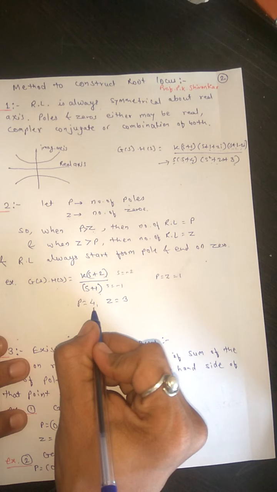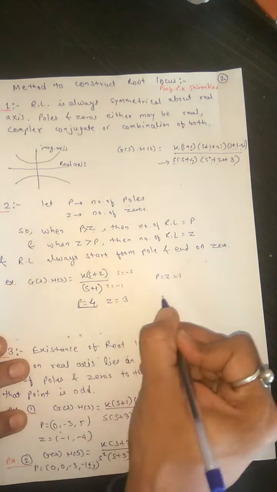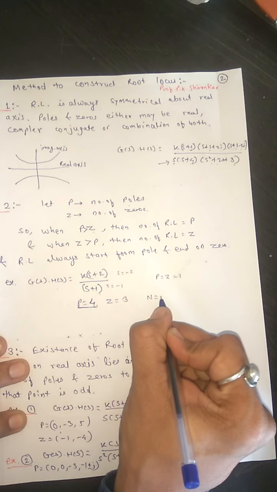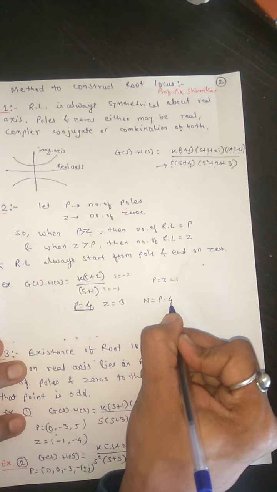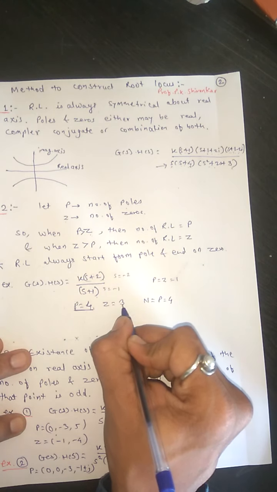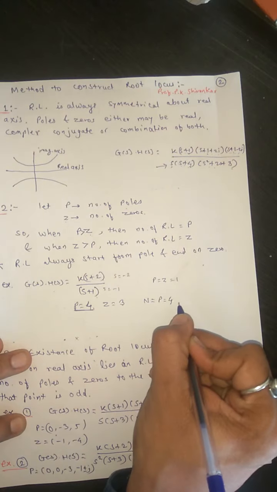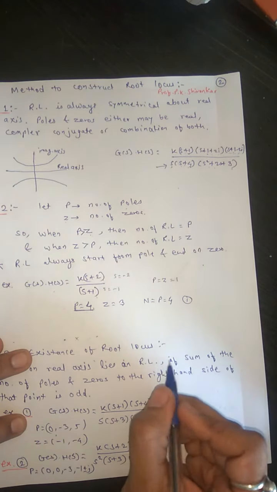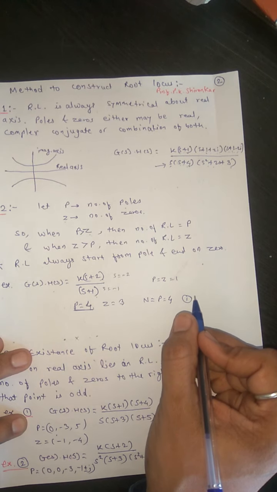Which figure is bigger? This one. That means the number of branches of root locus will be p equal to 4. So 4 root locus will start, and among these 3 root locus will end on zeros, but the one root locus which remained will approach infinity.